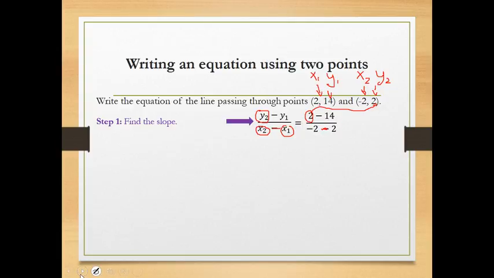And then I go ahead and use my subtraction of integer rules to subtract these two fractions, and I get that 2 minus 14 is negative 12, and negative 2 minus 2 is negative 4, and a negative divided by a negative is a positive, and 12 divided by 4 is 3. So we know now that the slope is 3. So we've accomplished goal 1, find the slope.